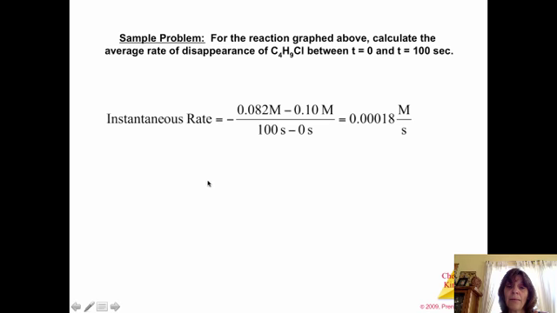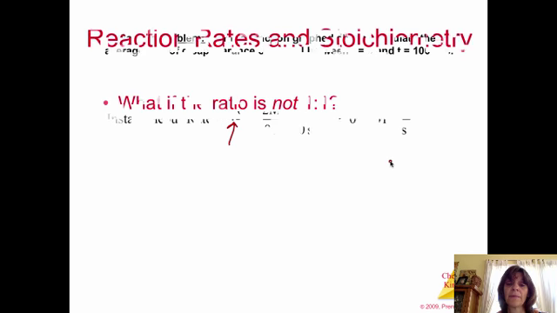For the rate at that, remember, this is a disappearance, so we'll have a negative value. 0.082 at 100 seconds minus 0.10 at 0 seconds for that data gives you a 0.0018 molarity per second rate of disappearance.